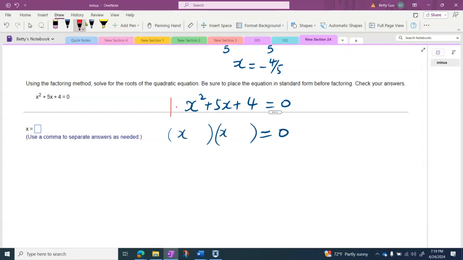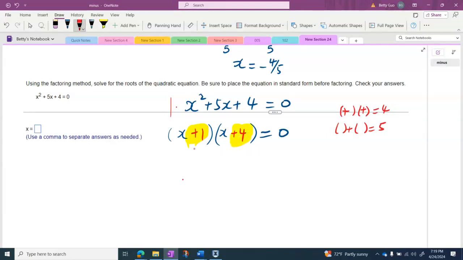We need to find the two numbers that multiply to 4 and add up to 5. They have to be both positive. Do you agree? 4 and 1, multiply to 4, add up to 5. So the solutions are going to be the opposites of those two numbers.